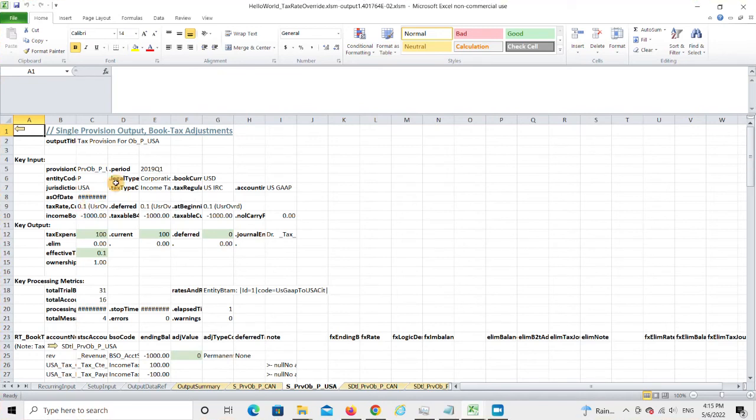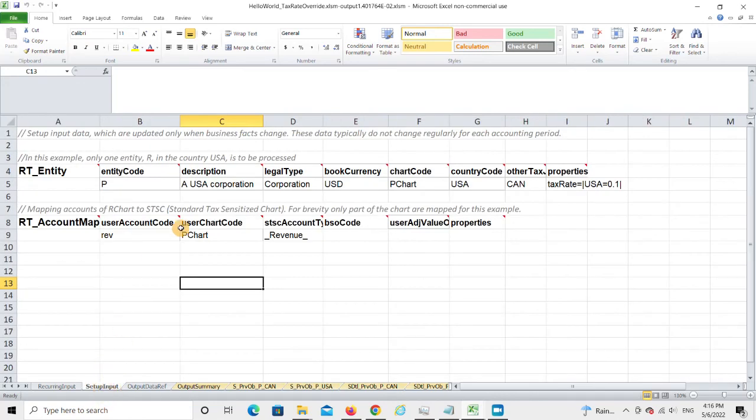So to summarize, if a user wants to use their own special tax rate, they can provide a tax rate property for the entity to override the rates in the engine. As we did over here, that's the property for that company.